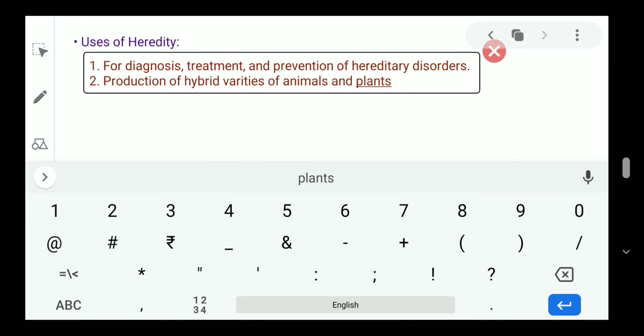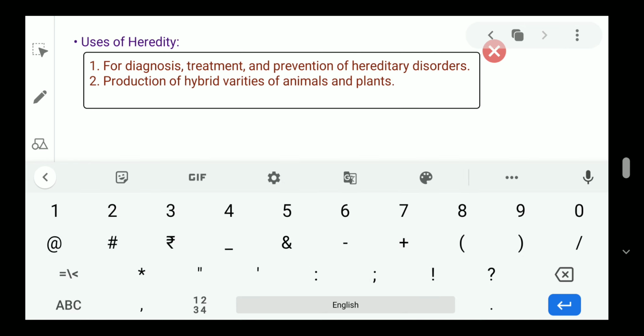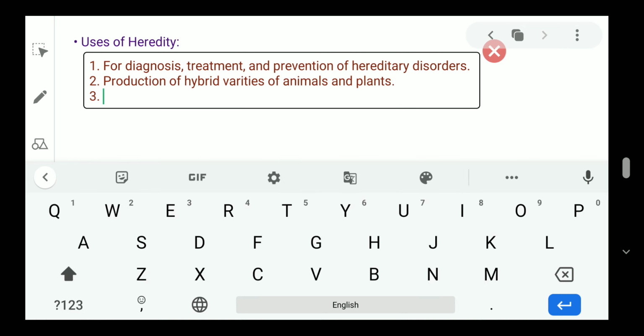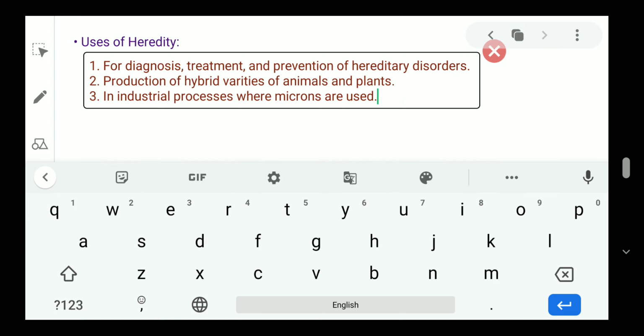And thirdly, it can be used in industrial processes where microbes are used. Okay, so these are the different uses of heredity.